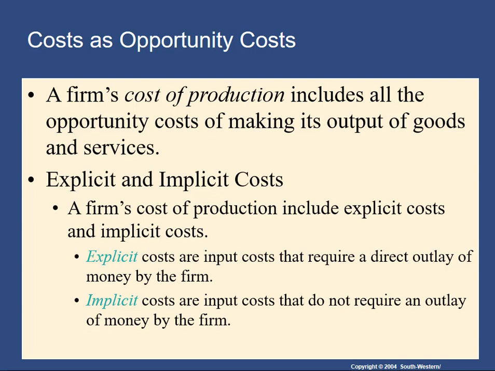Implicit costs have to do with decisions made by management about how to use their resources. So the best example is idle equipment. If a firm has a big bulldozer and it's paid off, it's not generating any cash flow, they don't have to make any payments on it, and they're not using it, then they're foregoing the opportunity of renting that big piece of equipment and generating a cash flow.